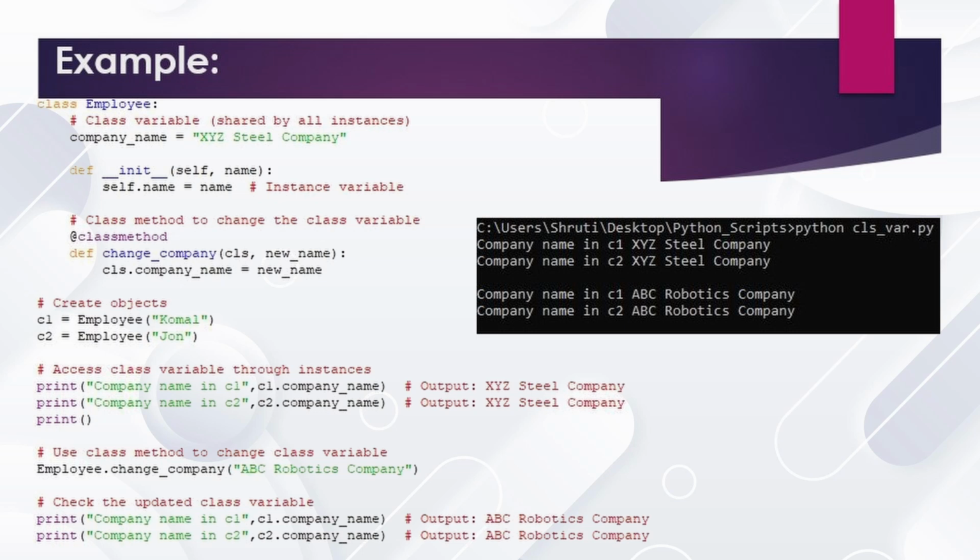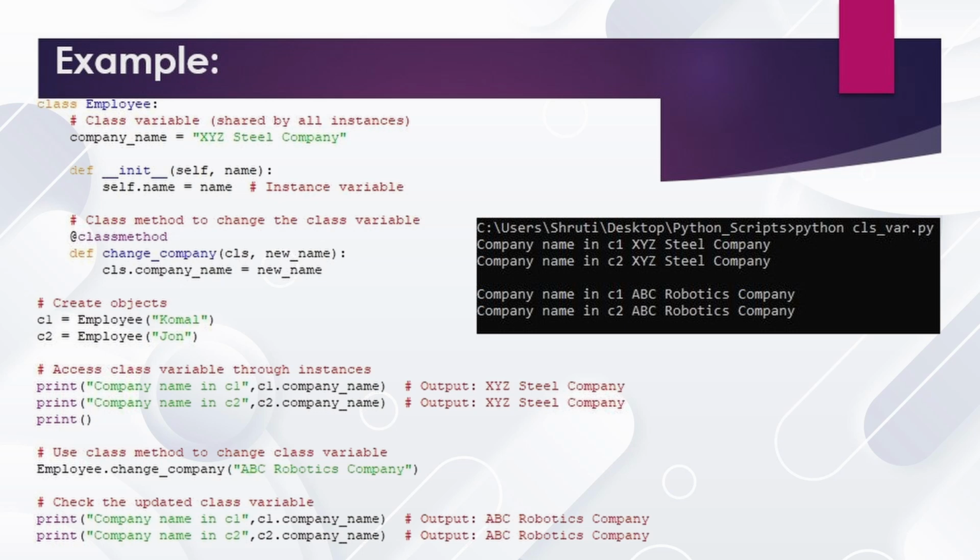When we call the method using employee.changeCompany and pass ABC Robotics Company, it updates the value of the class variable company name to ABC Robotics Company.